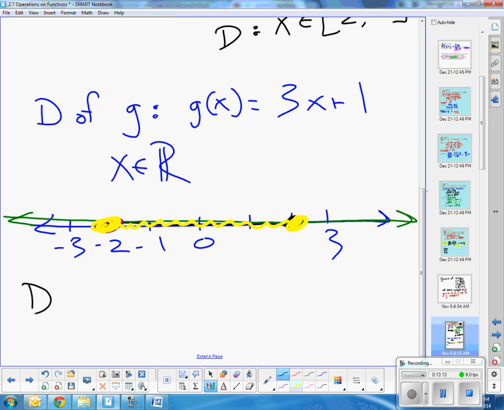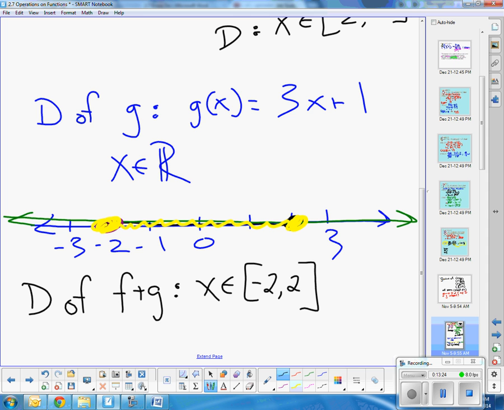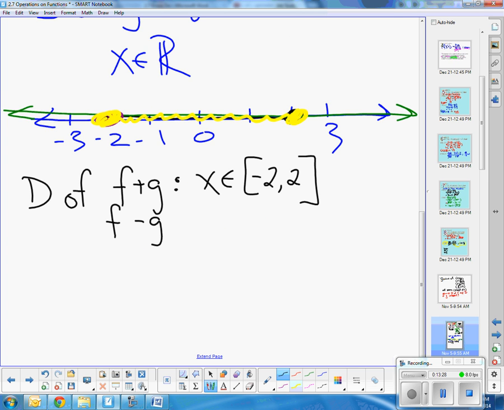So the domain of the addition is going to be from -2 to 2. That's also the same as the domain for the subtraction and the domain for the multiplication, because they're all just the intersection.